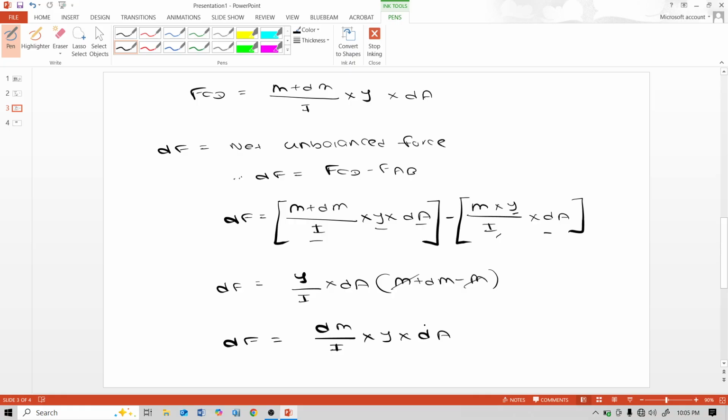This is the net unbalanced force which is required for the sliding of the layer within the section.